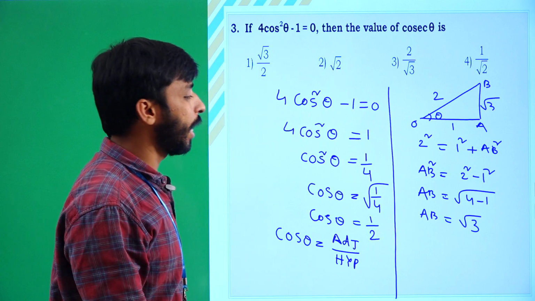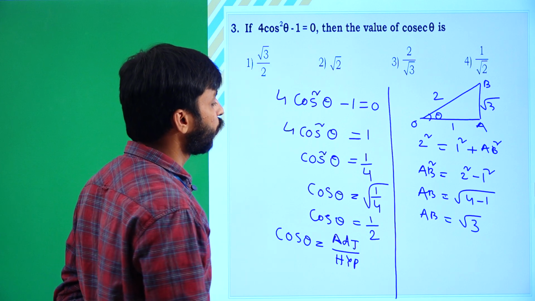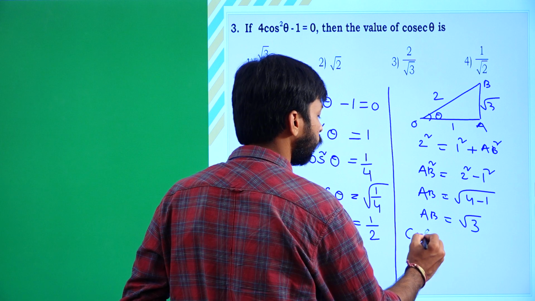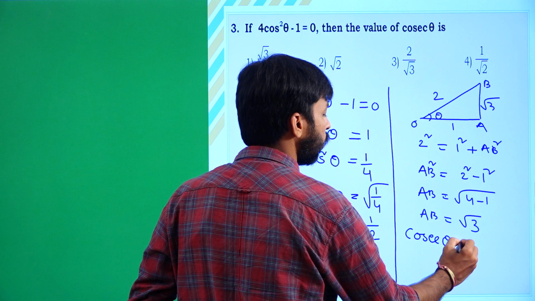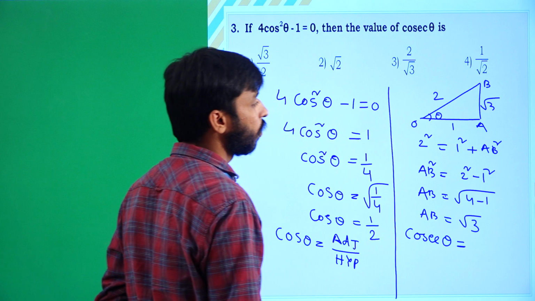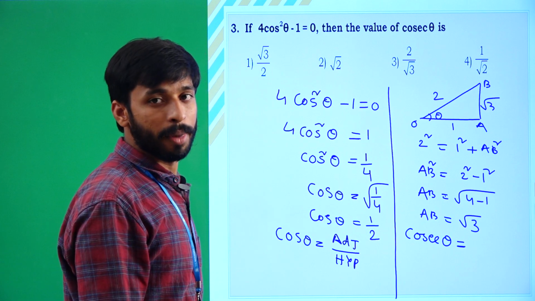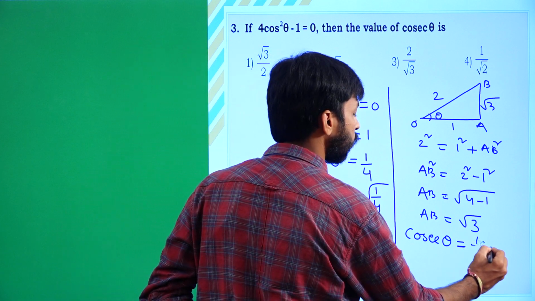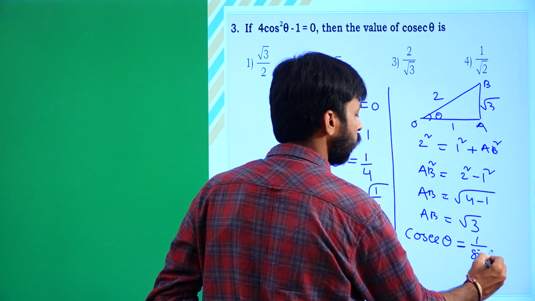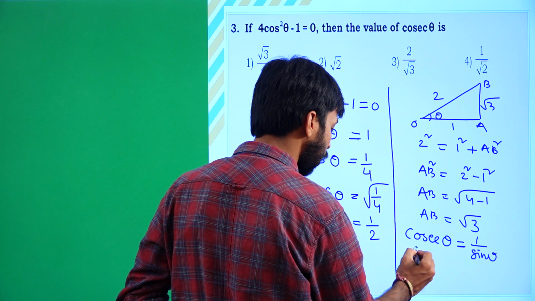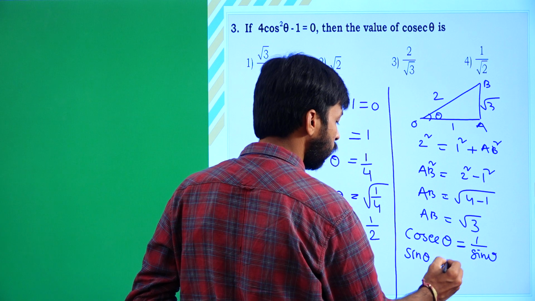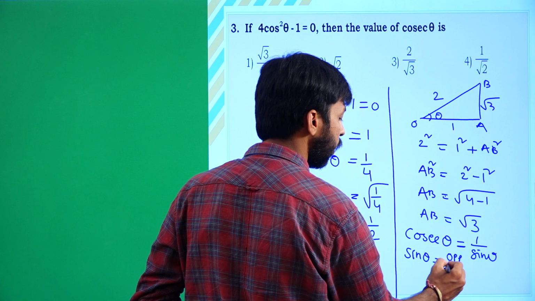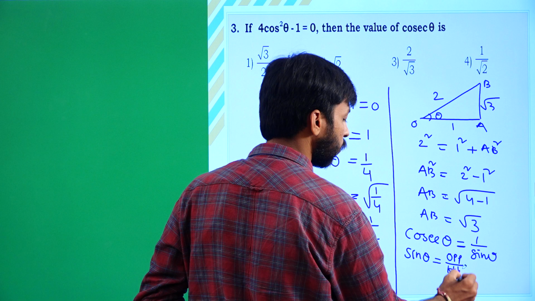So what is cosecant theta? Cosecant theta is equal to 1 by sin theta. So sin theta is equal to opposite side by hypotenuse.